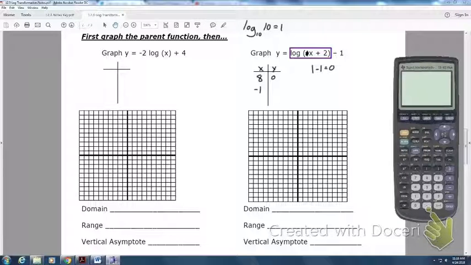Whenever I plug in negative 1, that gives me log base 10 of 1, which makes all of that in the purple box 0, and 0 minus 1 is negative 1. Okay, so put all of that into your calculator, and make sure that those 2 points are in your calculator.